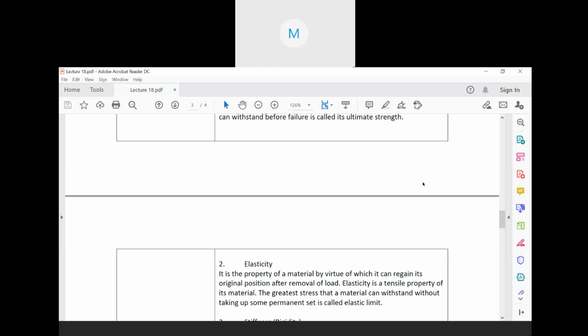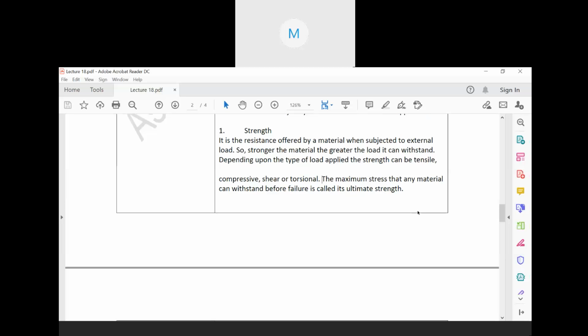Eventually that object or body will, after some time, stop coming back to its original position, and the stress that the material can withstand is known as the elastic limit. So this is elastic limit and elasticity, and this is strength.